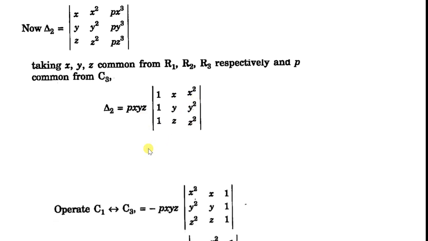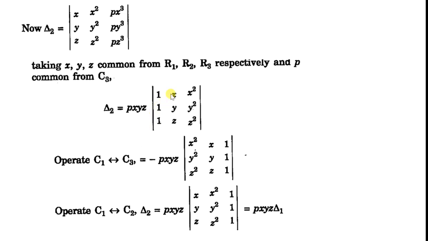Then we can interchange the columns. C1 and C3 can be interchanged. When we interchange the two columns, the sign of the determinant changes. So we have minus pxyz determinant x square, x, 1; y square, y, 1; z square, z, 1.